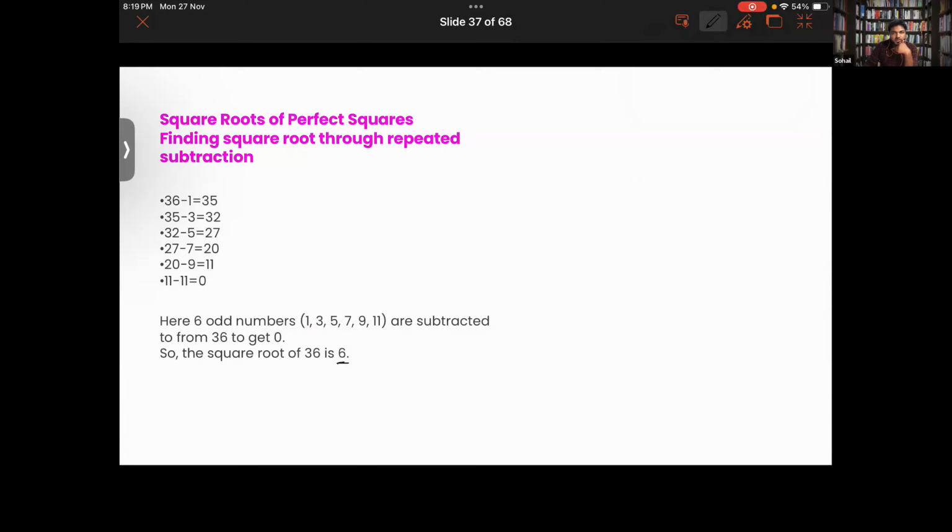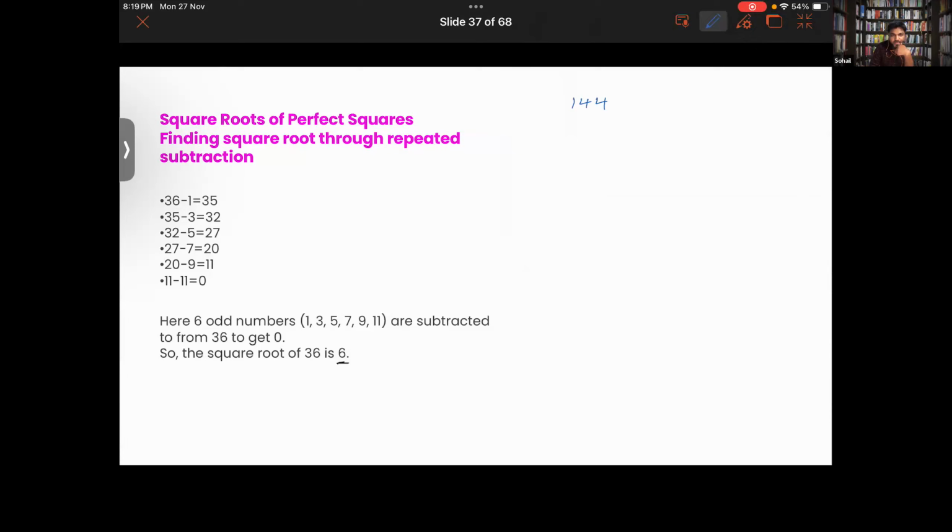Let's say 676, but 1024 will be too big a number, it will take too much time. 1024 is the square of 32, so you will have to consecutively subtract 32 odd numbers. That will take too much time, so let's just take smaller numbers. As Arham was saying, let's take 144.